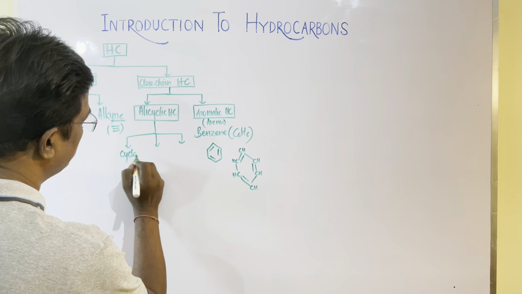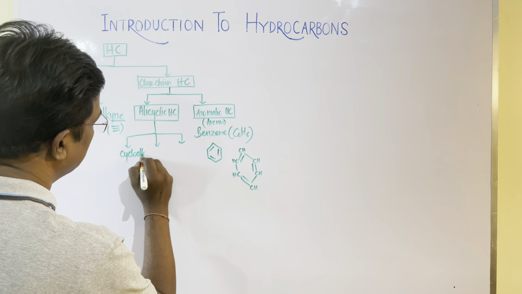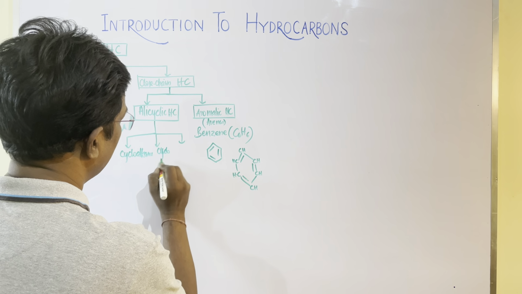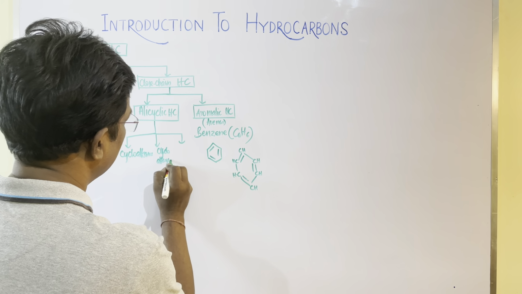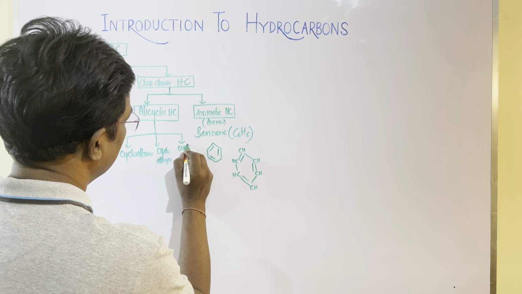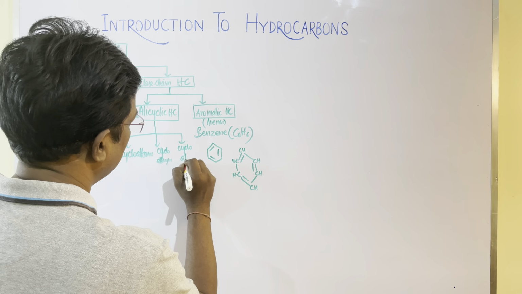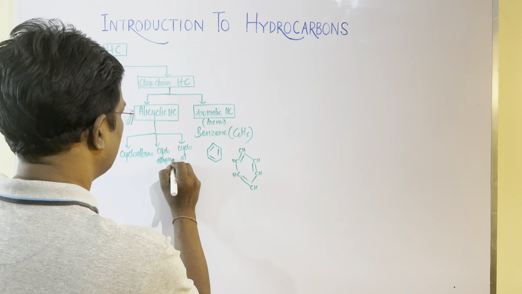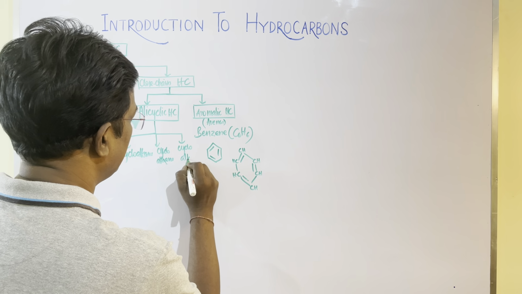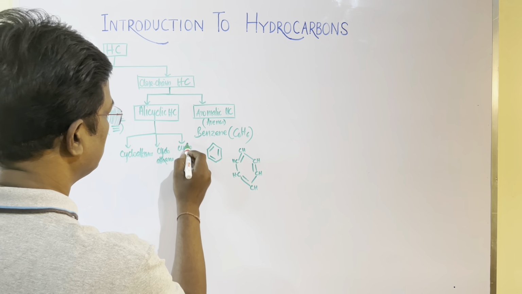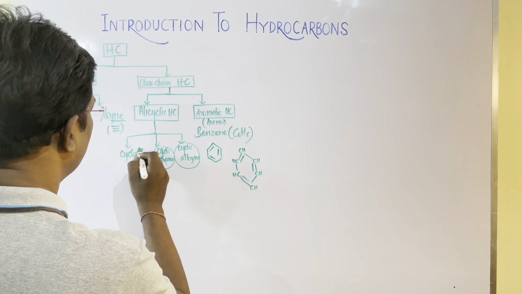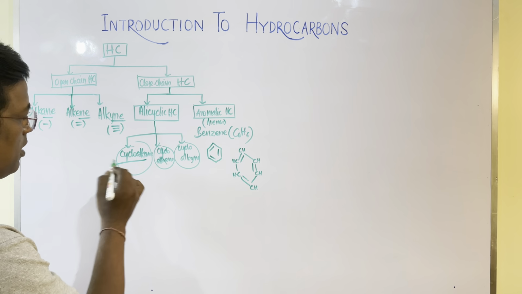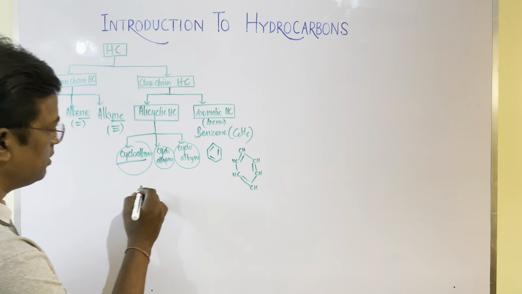These are cycloalkanes, cycloalkenes and cycloalkynes. Now some cycloalkane examples.